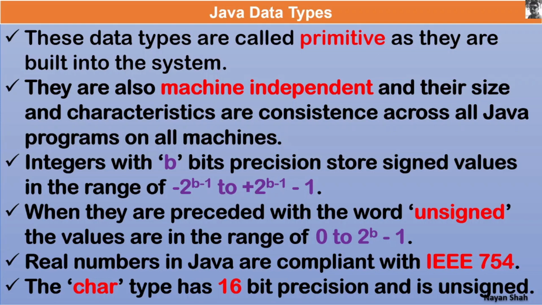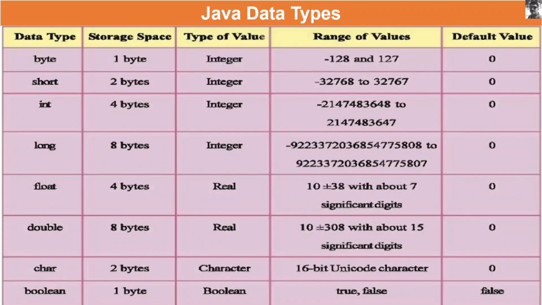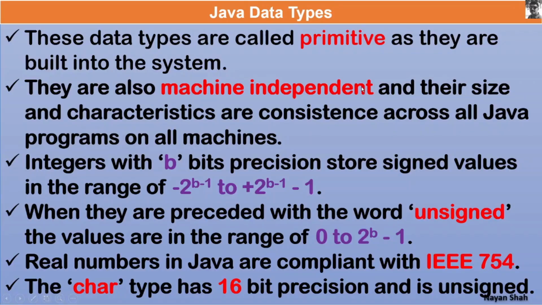If you take the example of byte, there are 8 bits. How is the range -128 to +127 calculated? It uses this formula. Minus 2 raised to 8 minus 1, because 1 byte occupies 8 bits, so minus 2 raised to 7. 2 raised to 7 is 128.